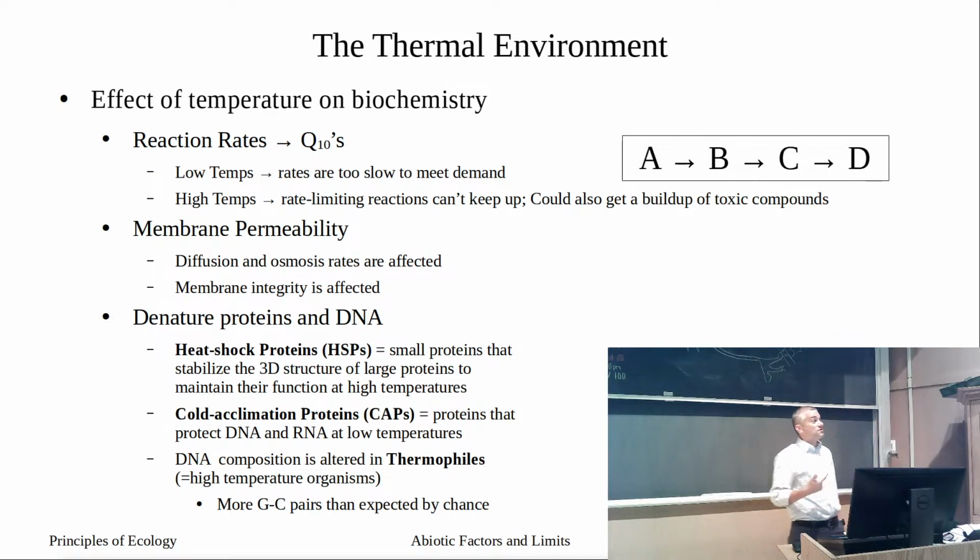High temperatures could do the same thing, where temperatures increase. Let's say two of these pathways really sped up and can keep up with demand, but we have one, let's say this B to C, that's relatively indifferent to temperature, and thus it can't keep up. So you can have a buildup of, let's say, B, and if that's toxic, that's a bad thing. Or we just don't have enough D to survive again.